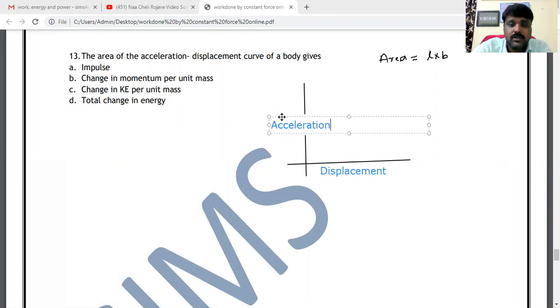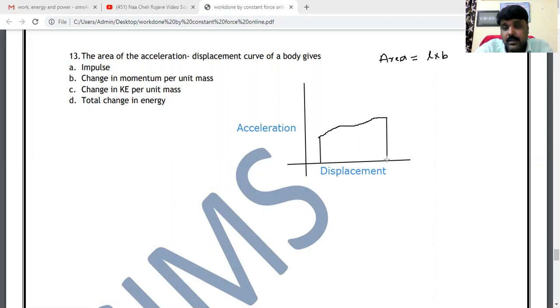This is acceleration, displacement curve, or whatever it might be. Whenever the displacement is going on, the body is accelerating. Let us say the area that is covered gives what? This is the question. L into B is the area.